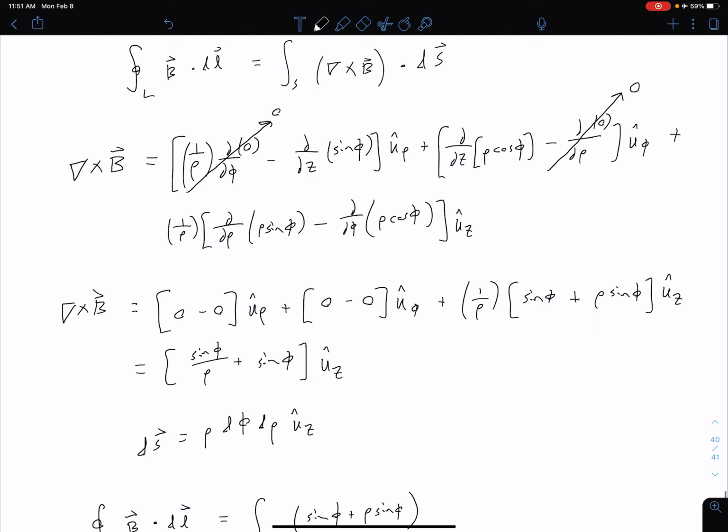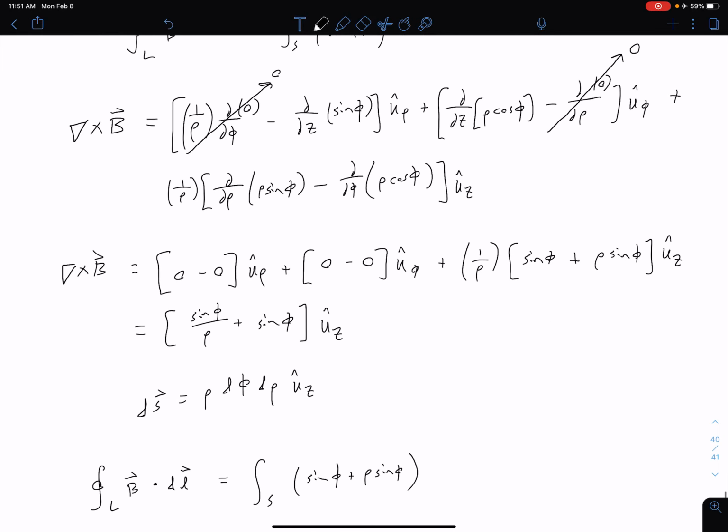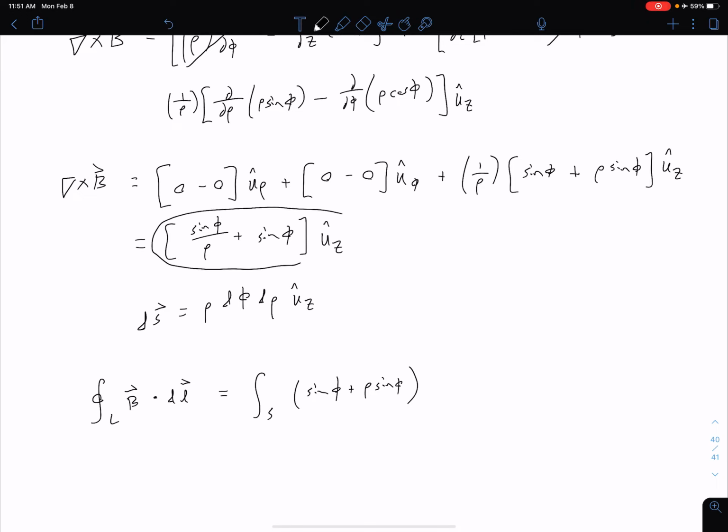I've kind of skipped a step here in my notes, but basically we're taking the dot product of these two things here. They both only have z direction components, so it's essentially just going to be this times this. So these two highlighted things multiplied by one another. So we have sine of phi plus rho sine of phi times d phi d rho. I've just multiplied through this rho right here, which is why I have sine of phi plus rho sine of phi.